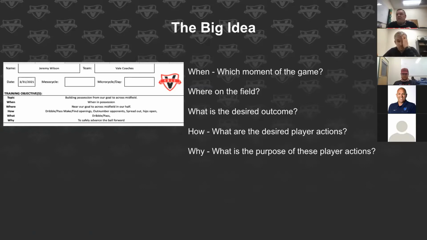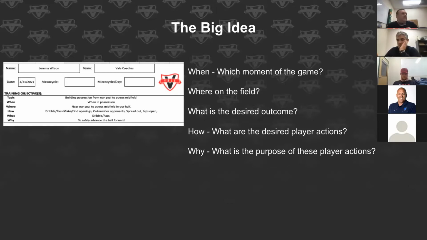When is this happening? Where is it happening on the field? And then to whom, which players does that involve? Okay, and then for us, from a topical perspective, what is our desired outcome, right? How do we get that outcome? So what do we need the players to do to achieve that outcome? And then why? What's the purpose? What is the bigger picture of the item?